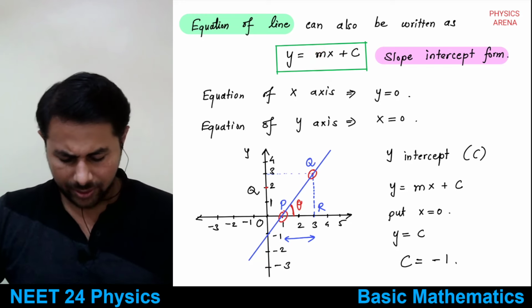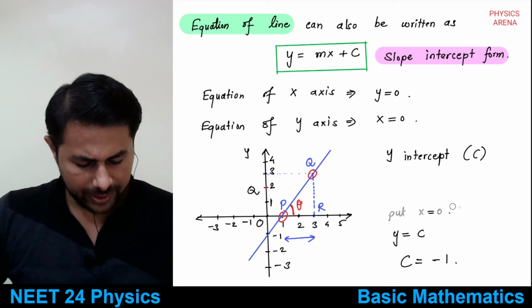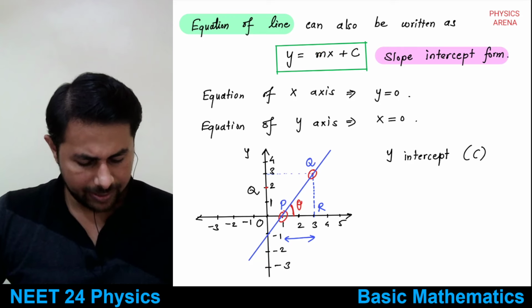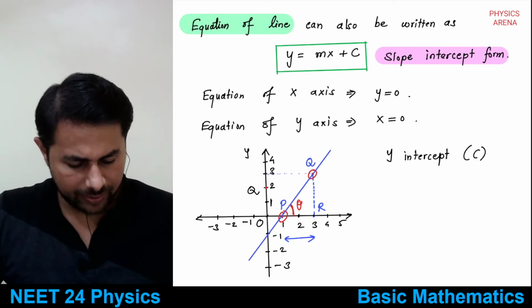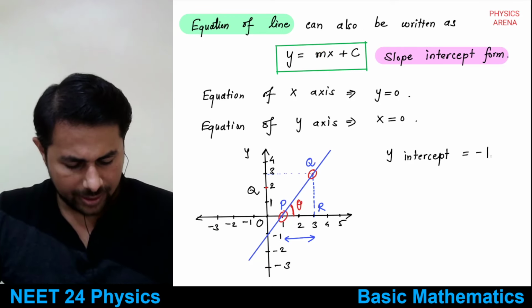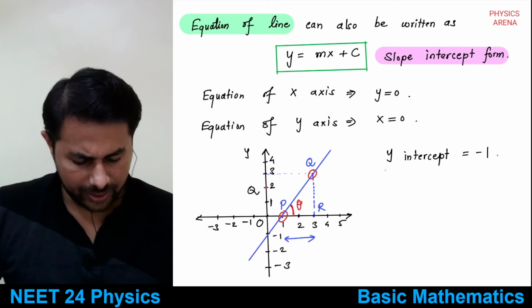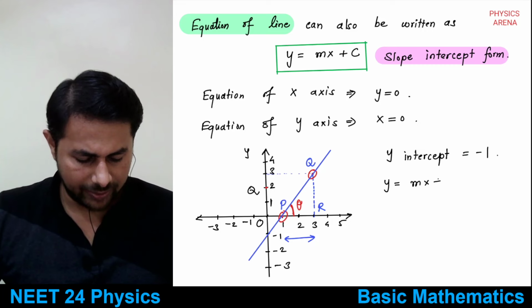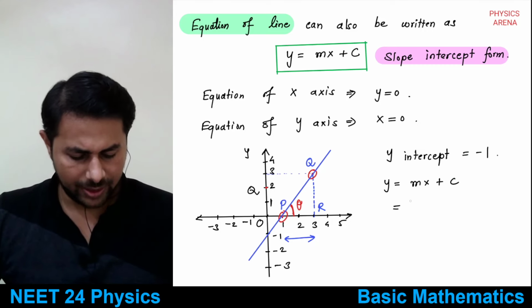So tan of theta is equal to 3 by 2, means m is equal to 3 by 2. Okay, so now I have explained what this intercept is. So let's just get rid of this thing. So the y-intercept is -1 here. Therefore y is equal to mx plus c is your equation, and you know m is equal to tan of theta.